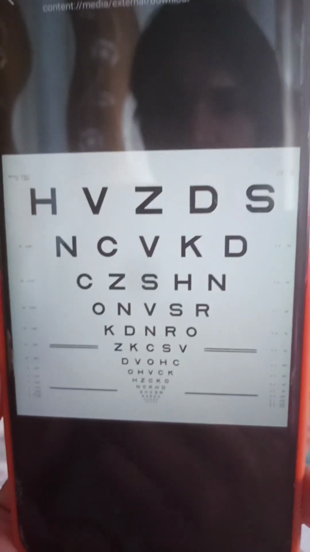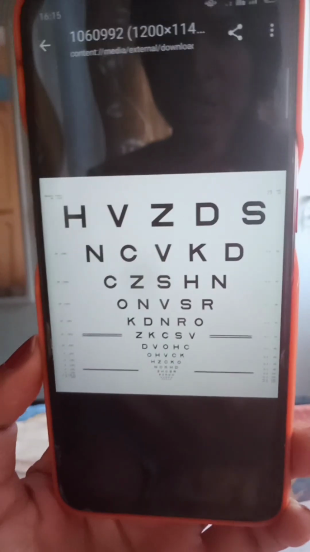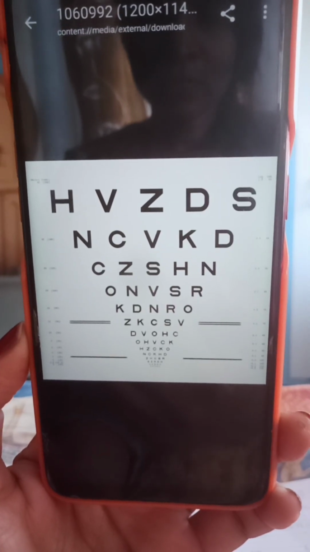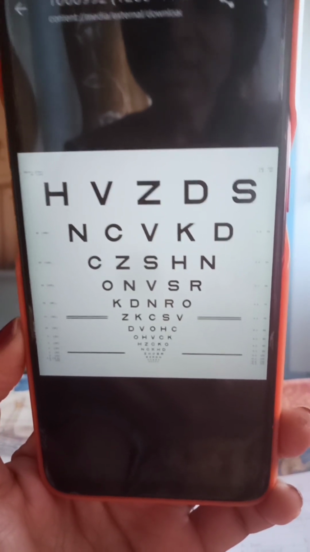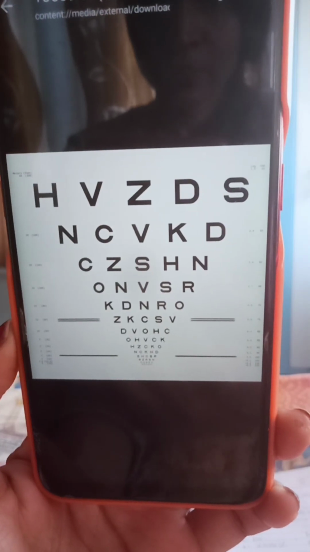Now its plane should be perpendicular to our line of sight or visual axis, so that each optotype will have a similar distance to the nodal point of the eye.